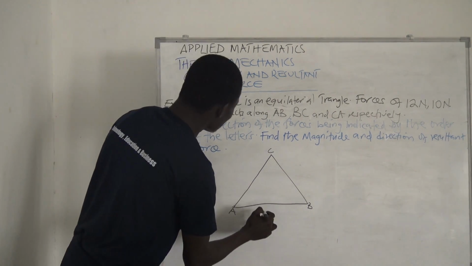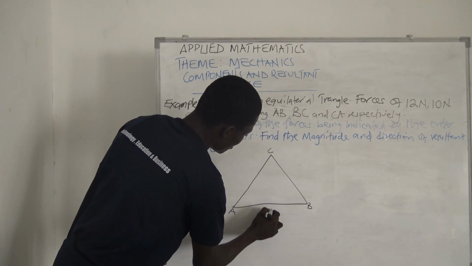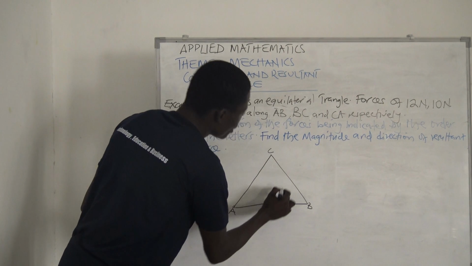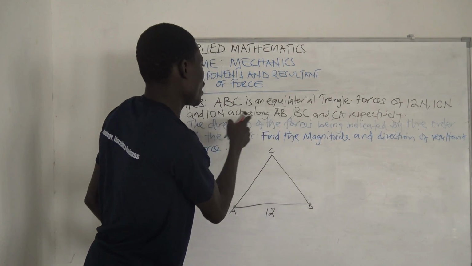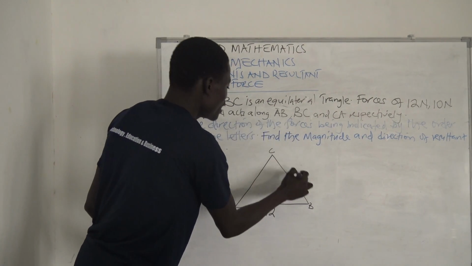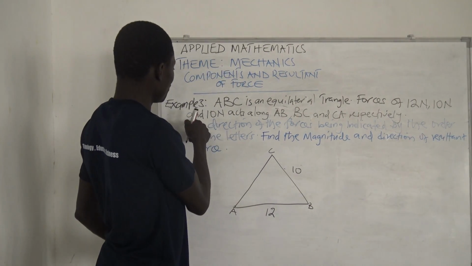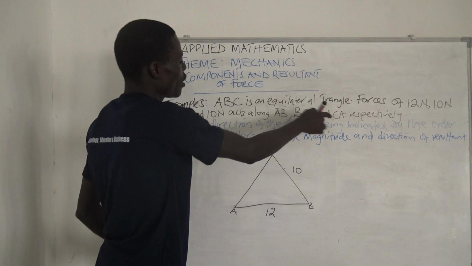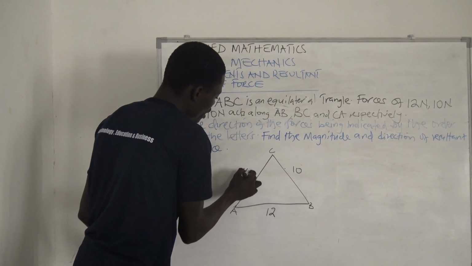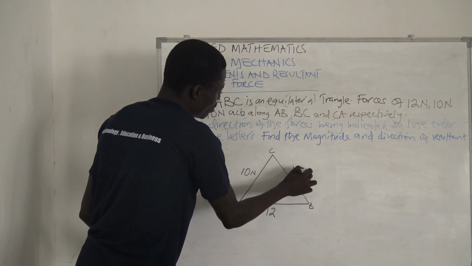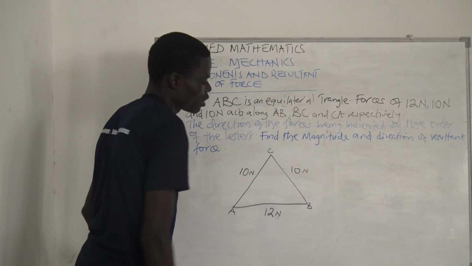Along AB there is 12 Newton, then 10 along BC, and then another 10 along CA.